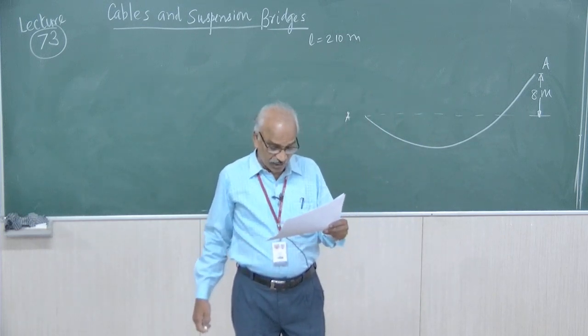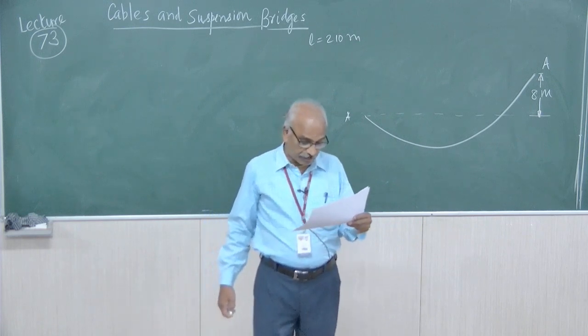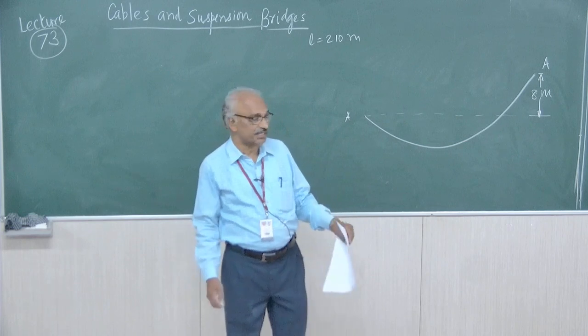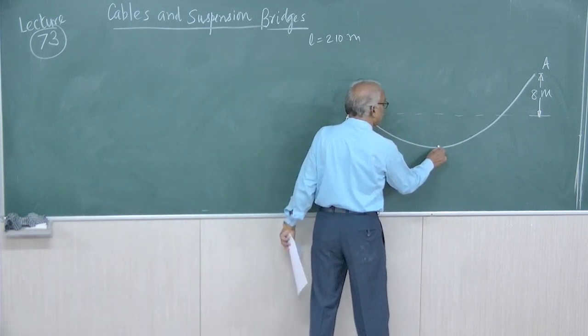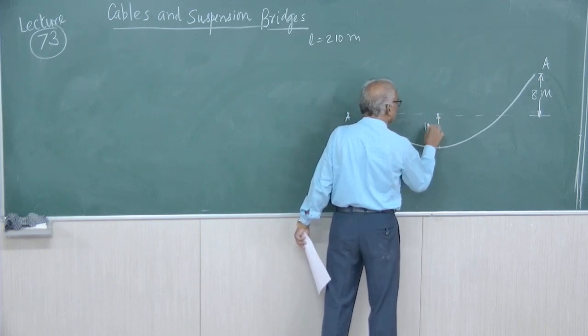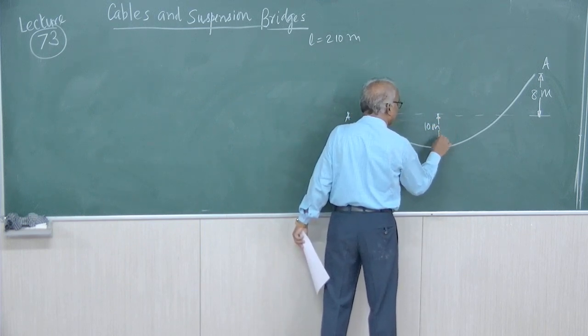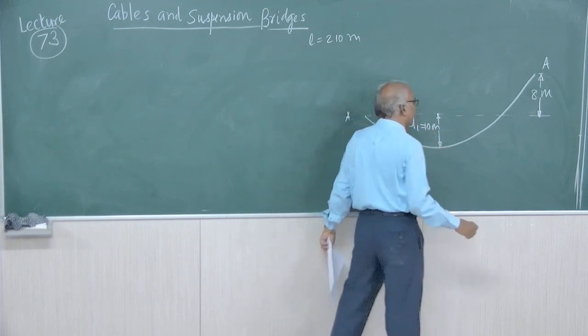The dip of the lowest point in the cable below the left support is 10 meters. So below the left support, the lowest point in the cable is at a distance of 10 meters. This is D1, D1 equal to 10 meters.